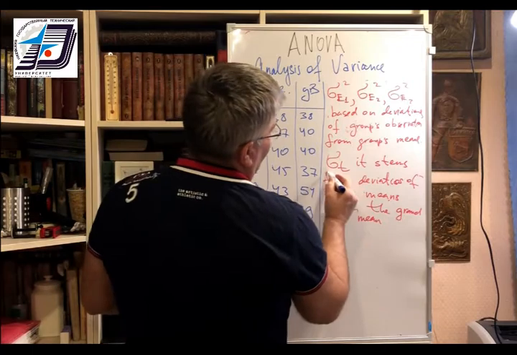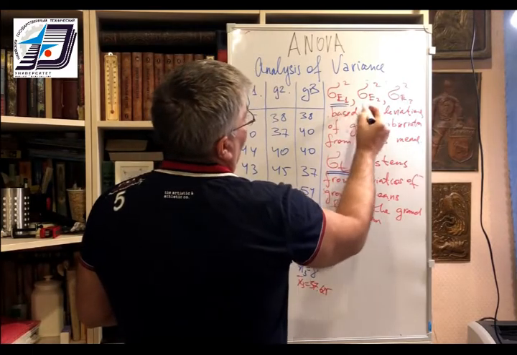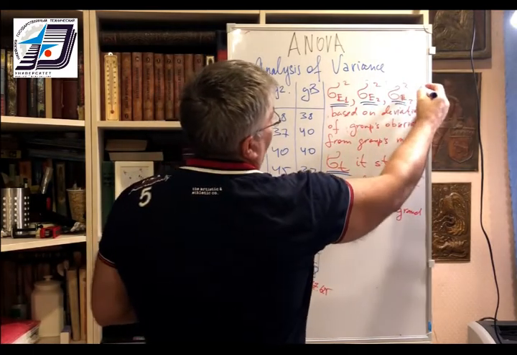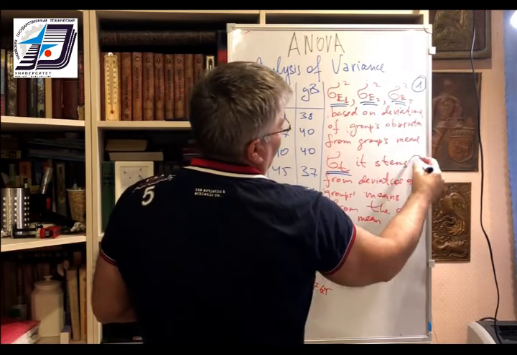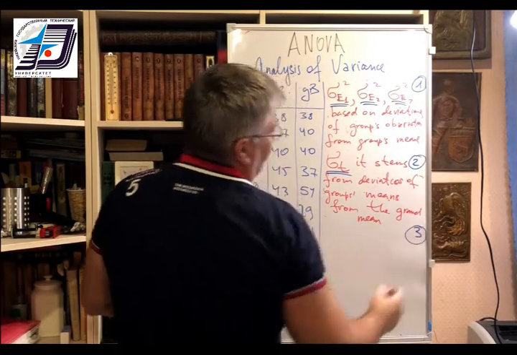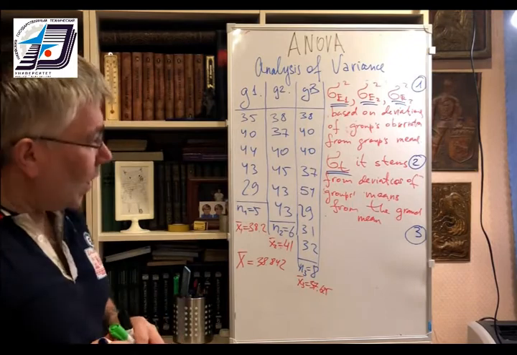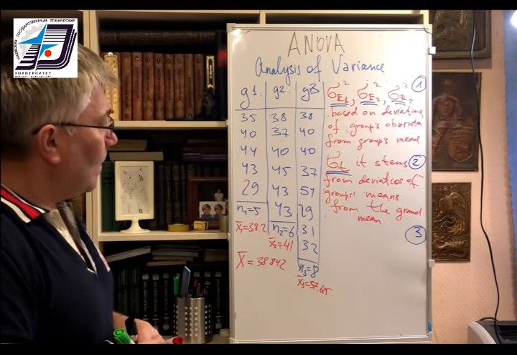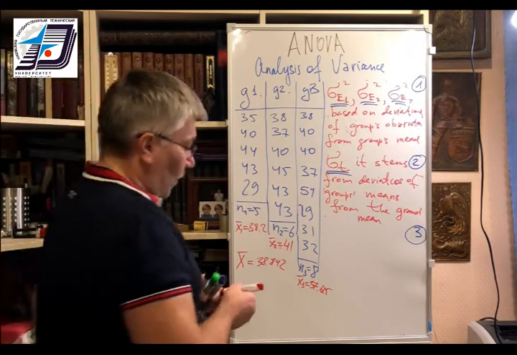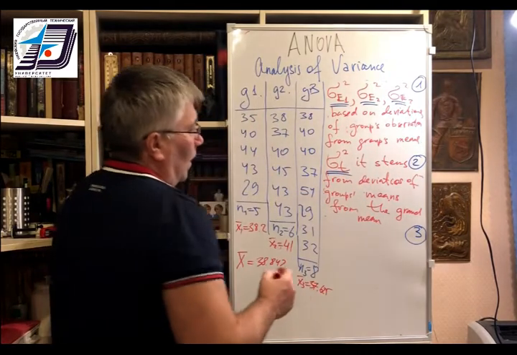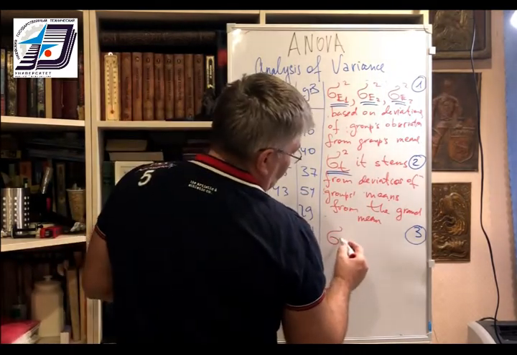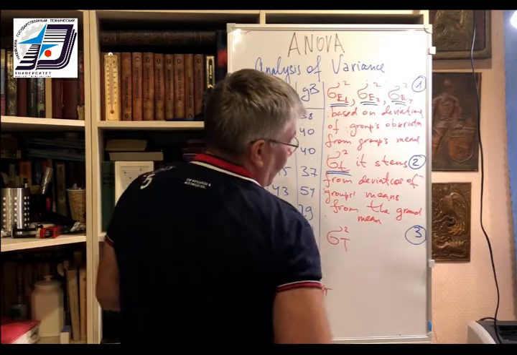I want to underline them. So the first one, the second one, and the third one is total, T squared.